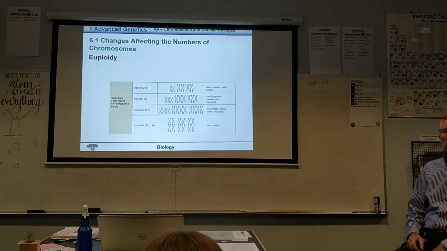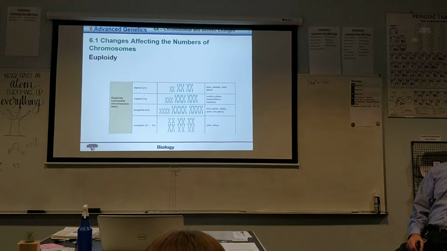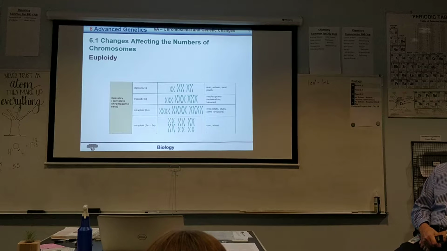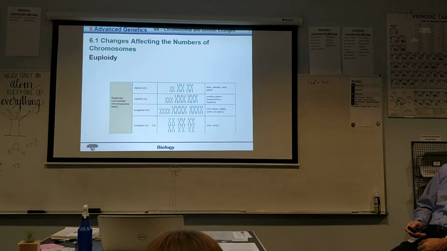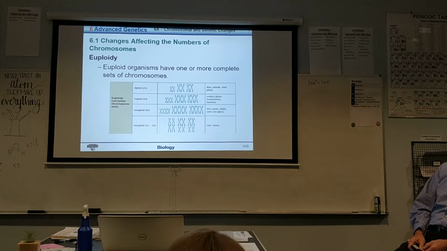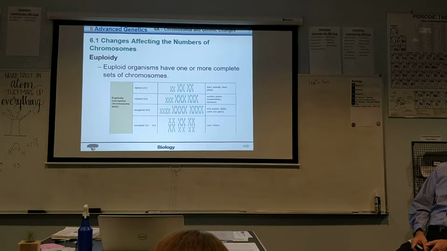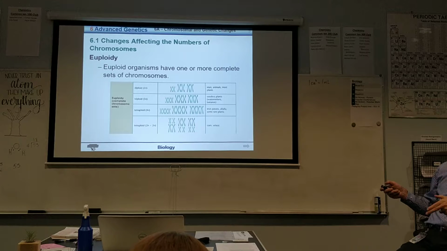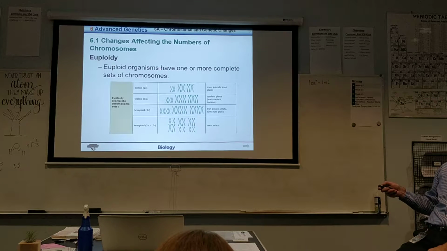Okay, so remember we had haploid, diploid. Now we're going to introduce in this chapter a new term called euploidy. Euploidy means that you have one or more complete sets of chromosomes. So we are diploid, so we have two of each type of chromosome, so that's why we're diploid.